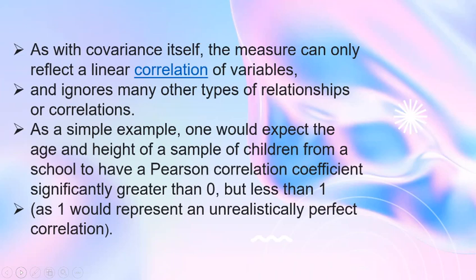And it ignores many other types of relationships or correlations which are occurring through chance or covariantly. As a simple example, one would expect the age and height of a sample of children from a school to have a Pearson's correlation coefficient significantly greater than 0, but less than 1, as 1 would represent an unrealistically perfect correlation.